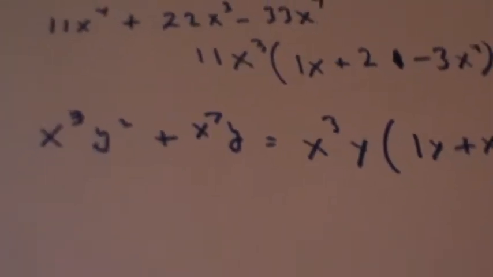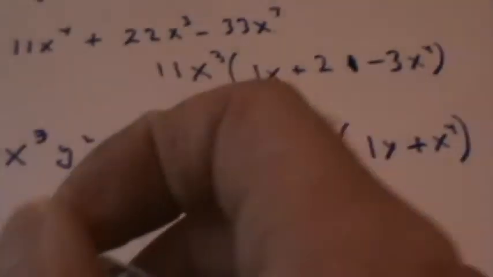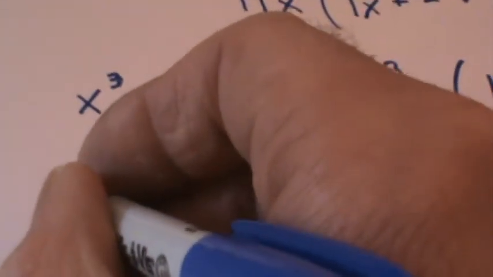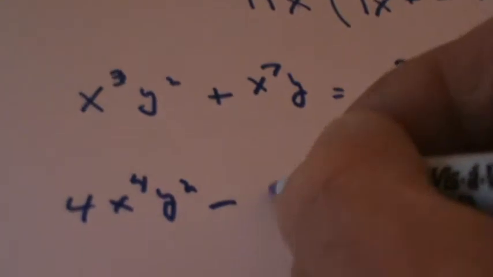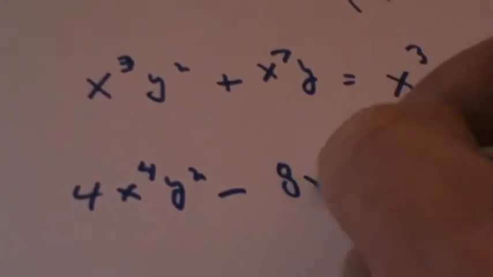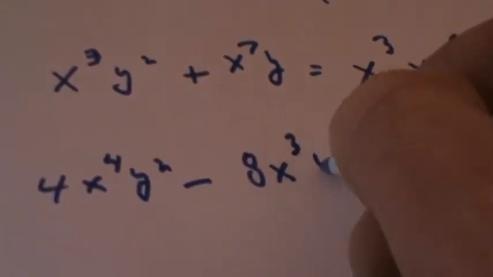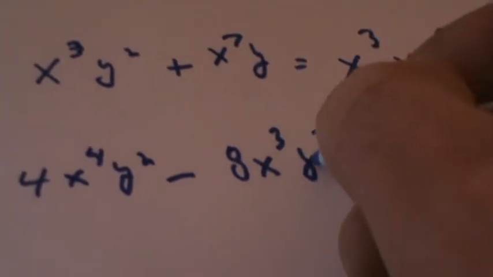Okay, let's finish up with one last example. Let's suppose you've got 4x to the fourth, y to the second, minus 8x to the third, y to the 7.